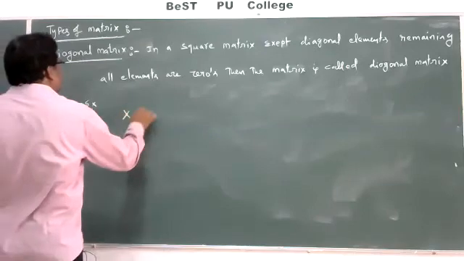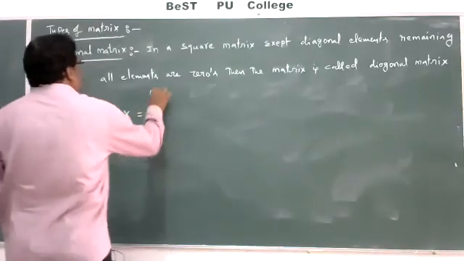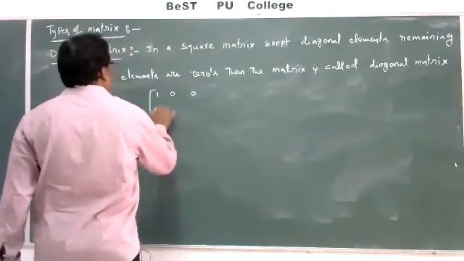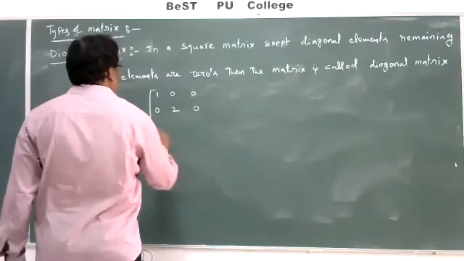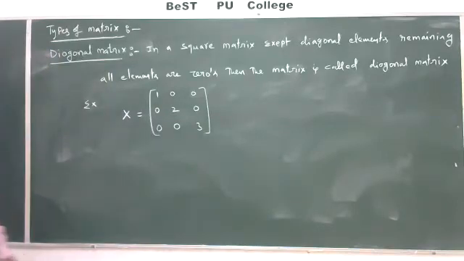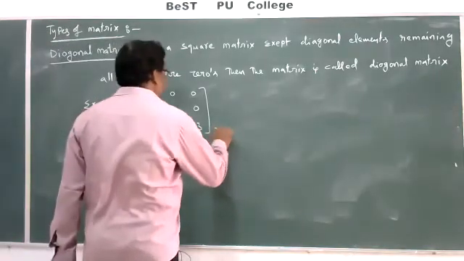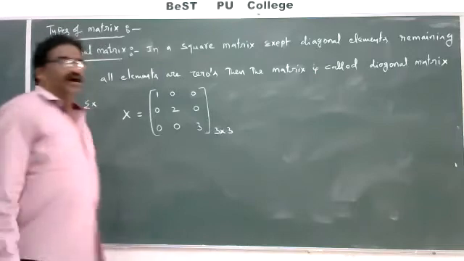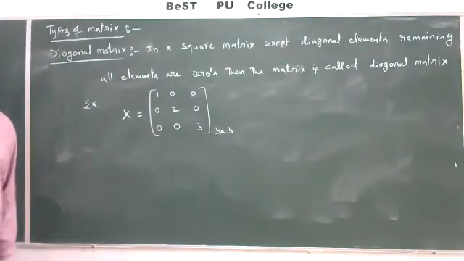Example, capital X is equal to matrix 1 0 0, 0 2 0, 0 0 3. Here the order is 3 by 3.